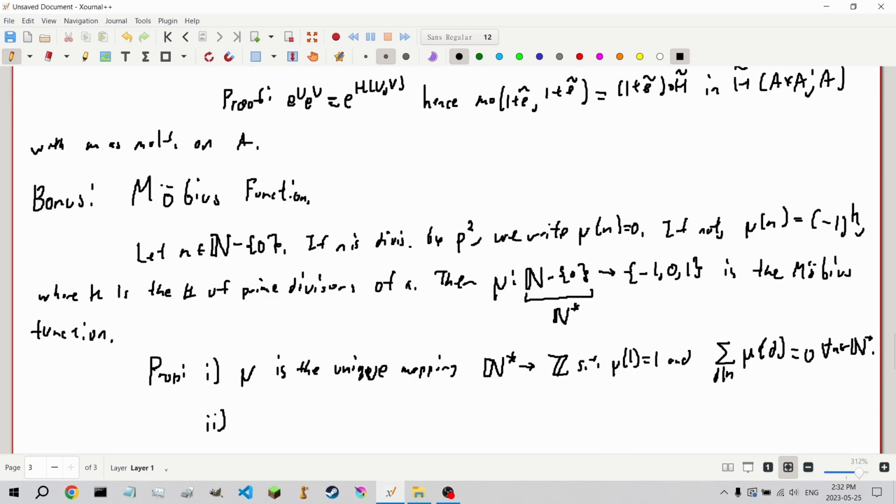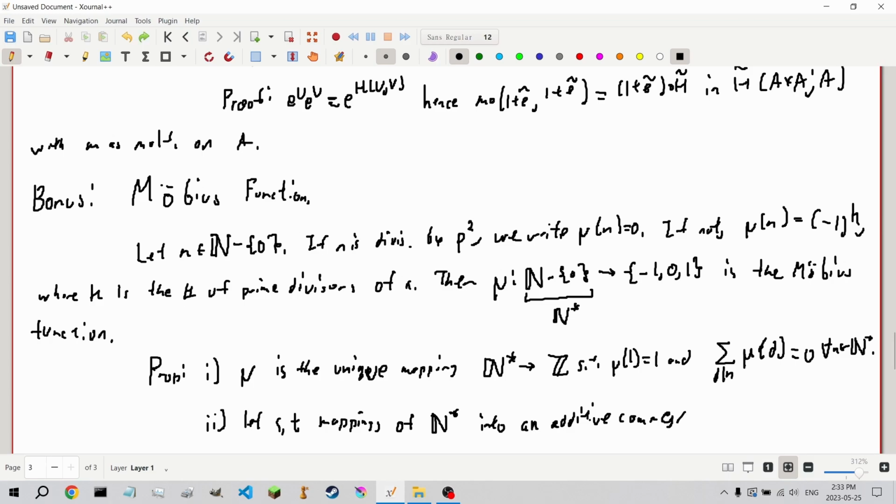For number 2, let S and T be mappings of N star into an additively written commutative group.